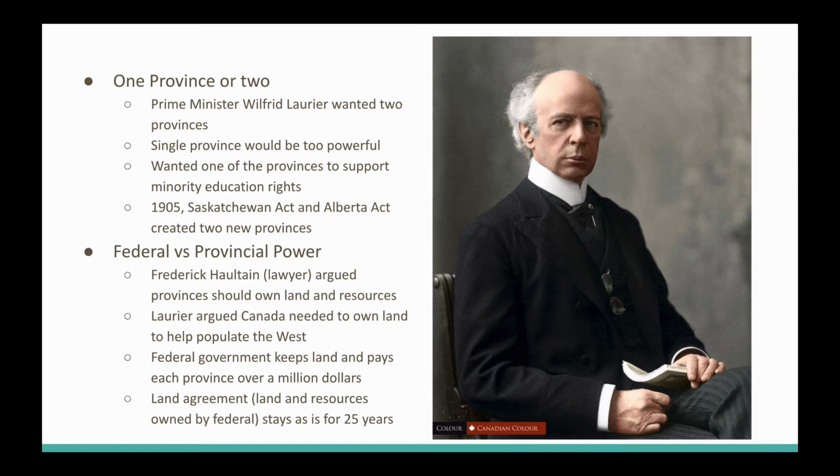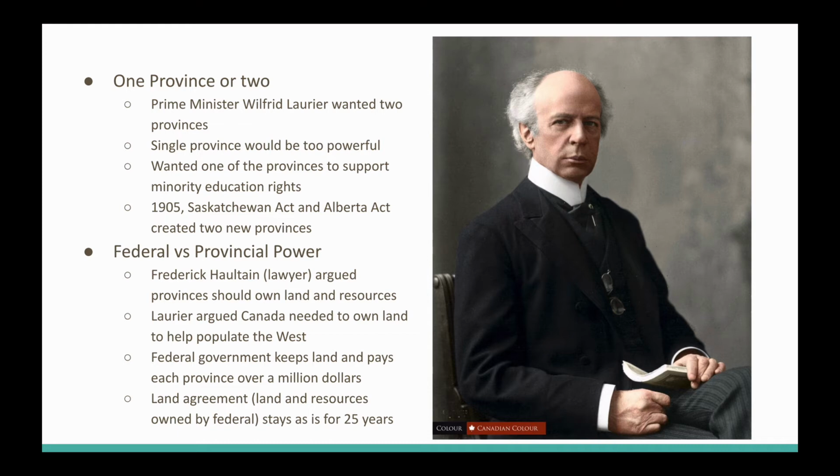In 1905, we have two acts passed, the Saskatchewan Act and the Alberta Act. Essentially, these created two new provinces. And now we need to take a look at who's going to control what. What are the federal powers going to have a say over, and what are the provincial powers going to have a say over? A lawyer by the name of Frederick Haultain argued that the provinces should own their own land and resources.